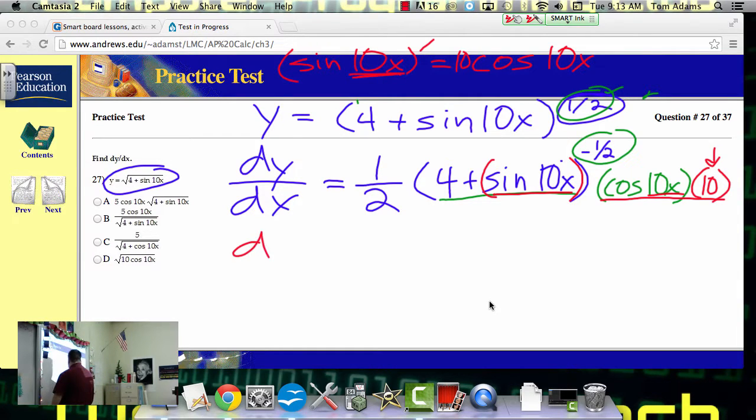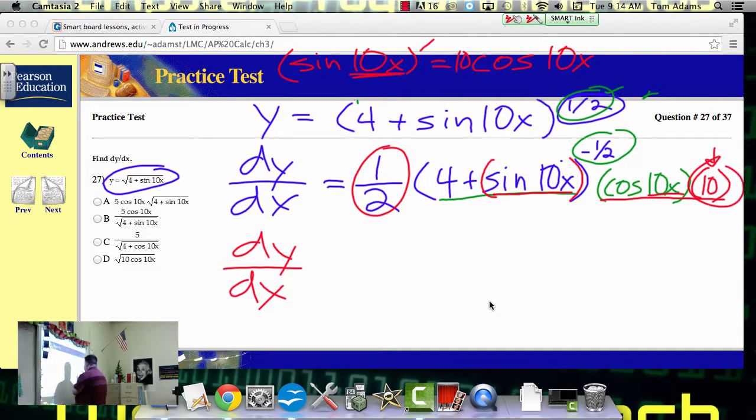So now, dy/dx, you have the 1/2 times 10 gives me 5. Now we're going to clean this up really nice.